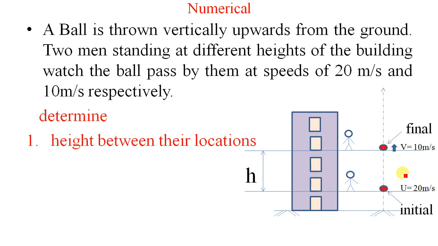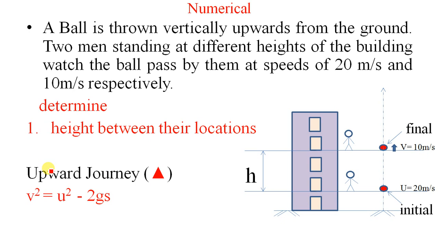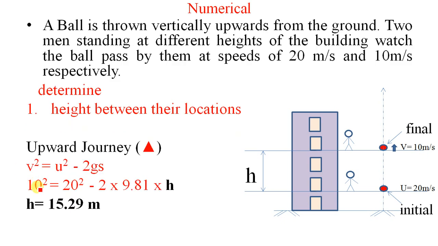This is the initial velocity, final velocity. Now for the upward journey we use the formula v square is equal to u square minus twice of gs, minus g because the ball is thrown in upward direction. The other formulas are v is equal to u plus at, and s is equal to ut minus 1/2 gt square. These three formulas are there, out of that this is the important formula, so we choose this formula. Substituting the values, you can find out this height h. This height h is 15.29.